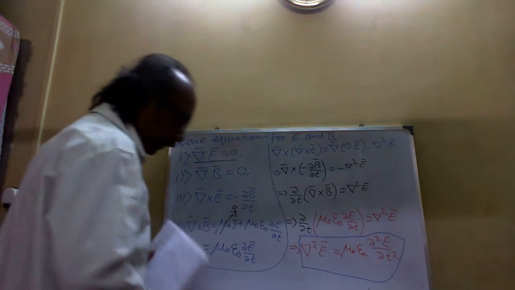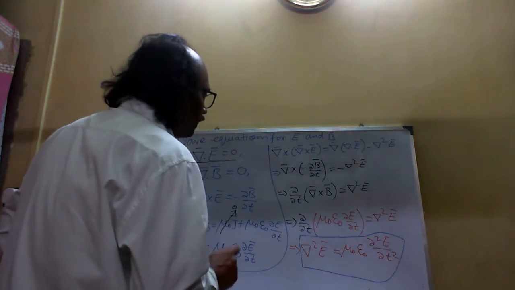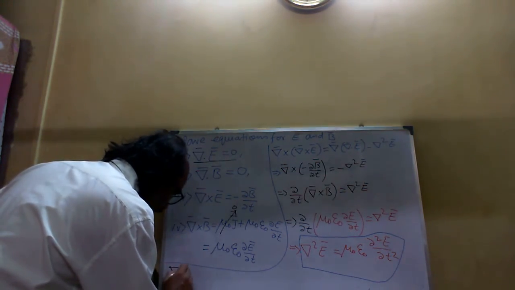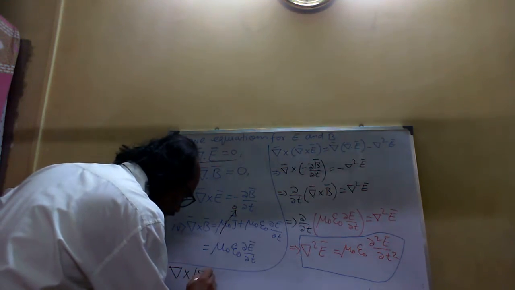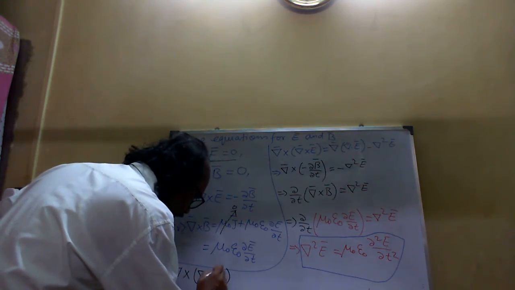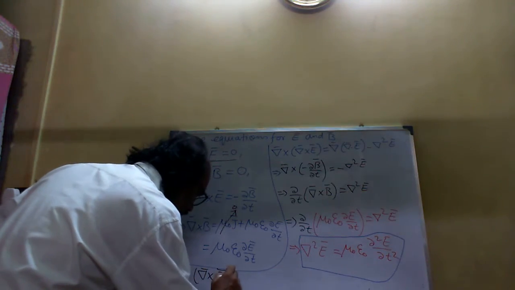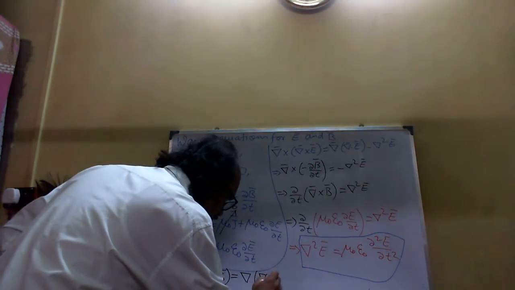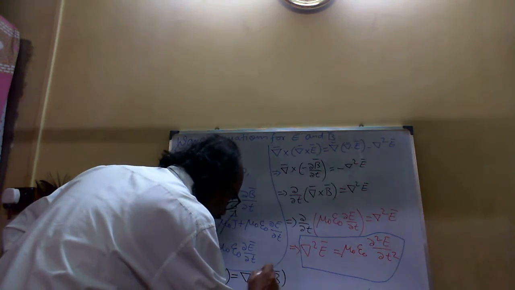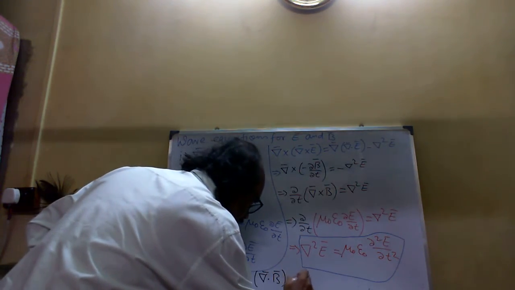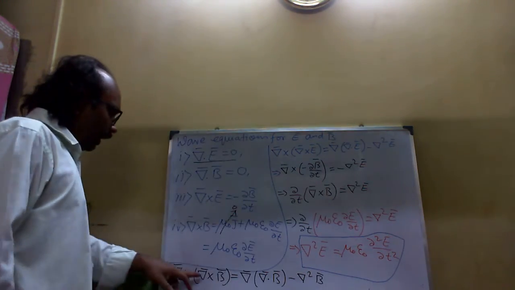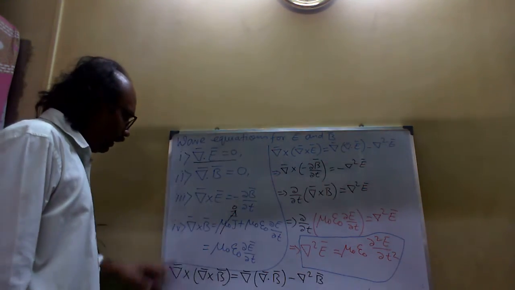Similarly, using vector identity for magnetic field, curl of curl B, which is gradient of divergence B minus del square B. Then curl B, putting the value of del E by del t.